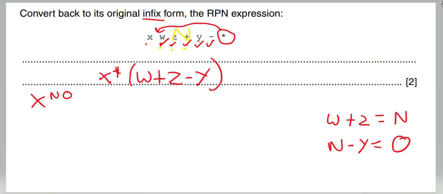So that became my new expression, remember, operand, operand, operator. And I set it to the letter O, not zero. I wrote that down. Shifted the multiplier to the start, as it takes precedence in this form. So we've got X multiply W plus Z minus Y. So the N, remember, actually equates to that, and the O equates to basically the result of this, and Y with a minus.